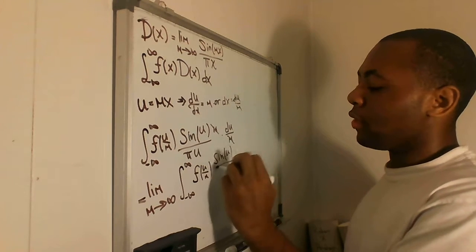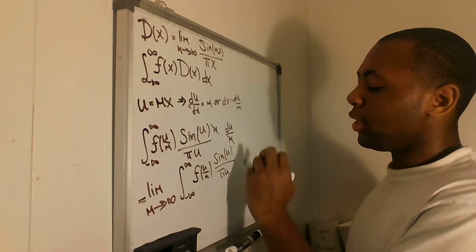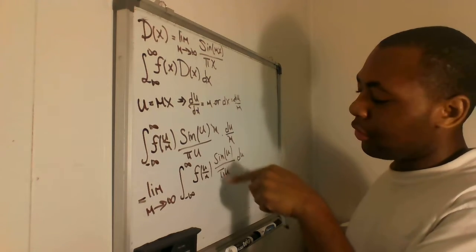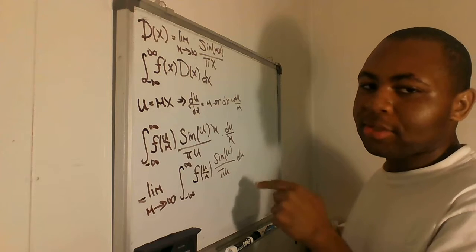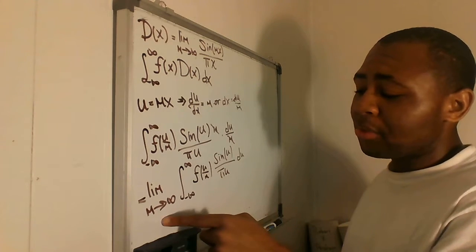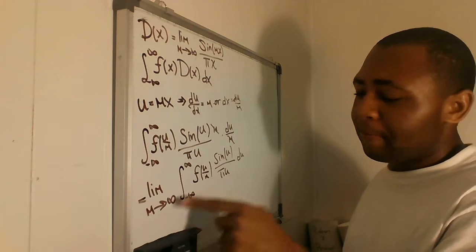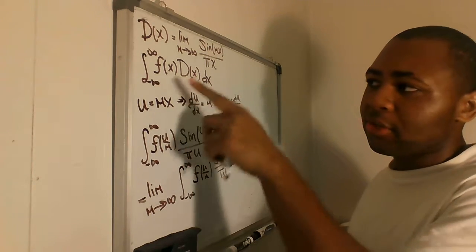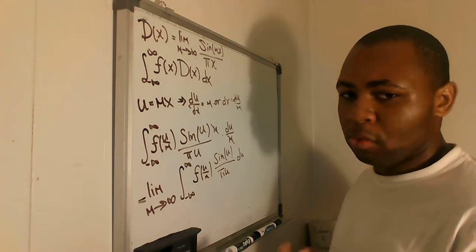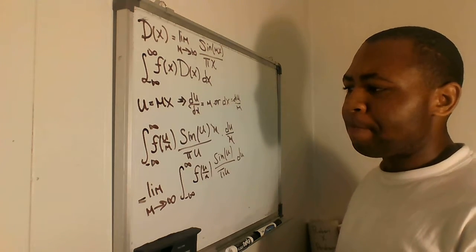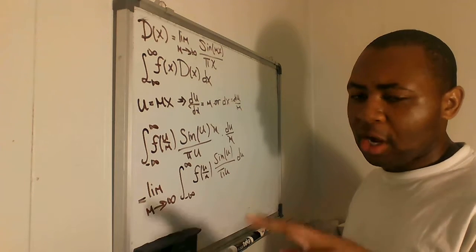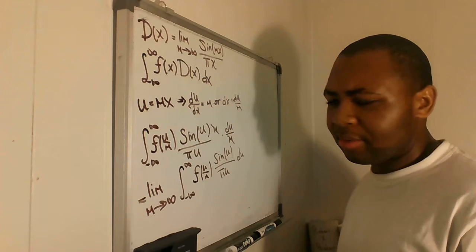And again, why this method is a little bit easier is because we have a sinc function that does not depend on m, and then we have a function over here that does depend on m, but m is going to infinity. This is a regular function. I didn't say it up here, I said it's an arbitrary function, but let's say it's an arbitrarily regular function. So we don't really have to worry about any discontinuities and things like that.